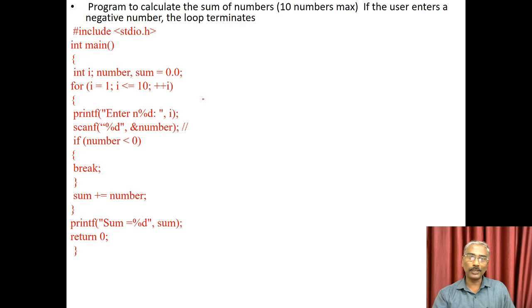Otherwise, the loop will continue. The concept is, when you enter positive numbers, it will add the numbers one by one. When you enter a negative number, immediately it will get out of the loop.